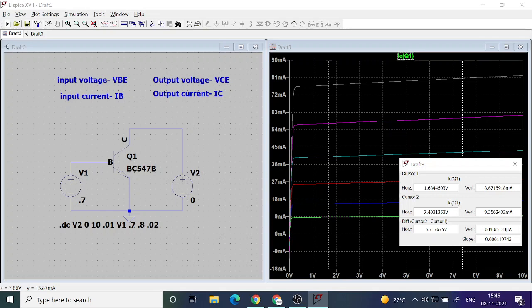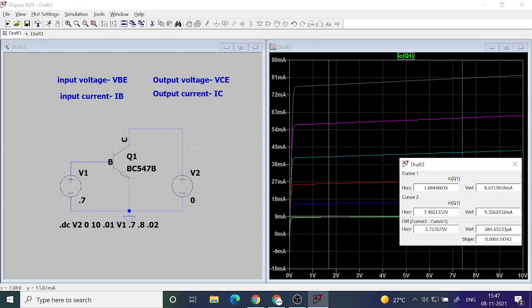Let's do it. 5 divided by 0.6, that is 8.3 kilo ohms. That is the resistance that you get out of this curve.